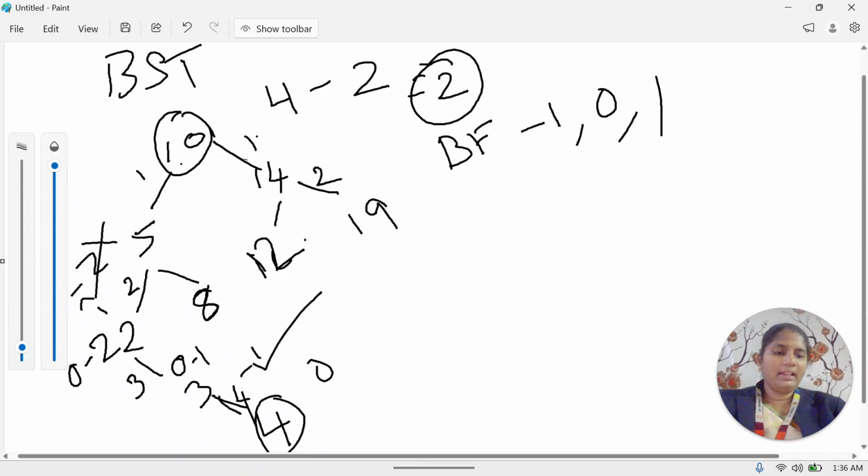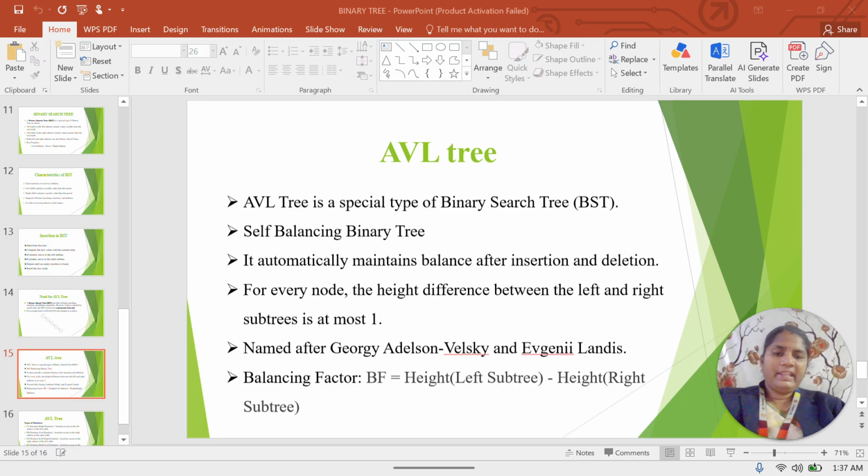Now we will see the basic rotations performed in the AVL tree. After seeing an example, you can understand; now you will see the definition. For every node, the height difference between left and right should be at most 1, that means -1, 0 and 1. So the balancing factor definition is the height of the left subtree minus the height of the right subtree.